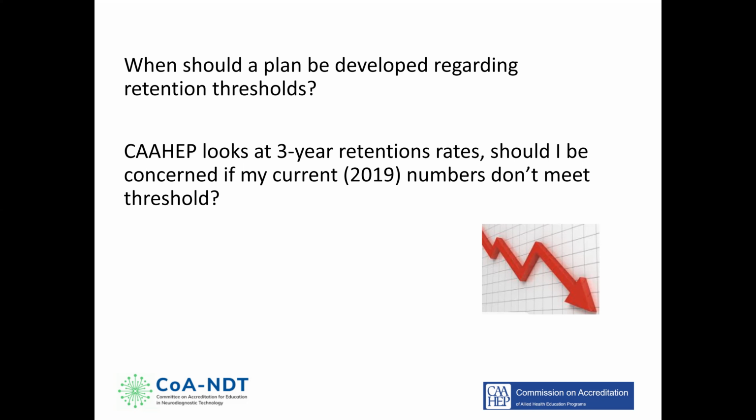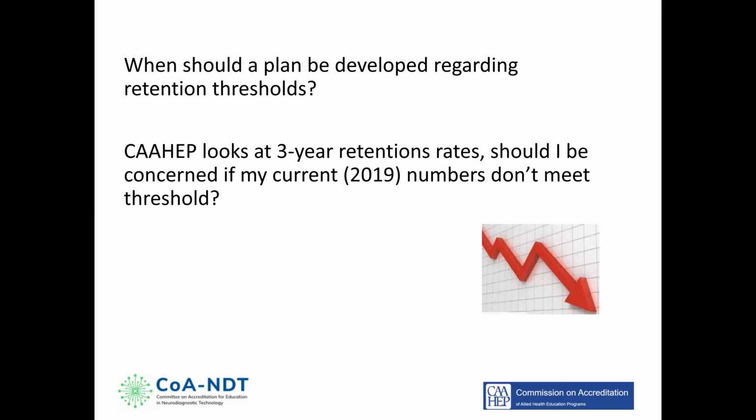On the other hand, if we see that you went from 80% for your 3-year average, and now this year, 2019, you went to 50%, we'll say okay, we're going to look at that another year. Next year, you still may meet the threshold, but if you're below 70%, arithmetically, you're not going to meet it the year after. So generally, at 2 years, we will call that to your attention, as if you haven't noticed already.